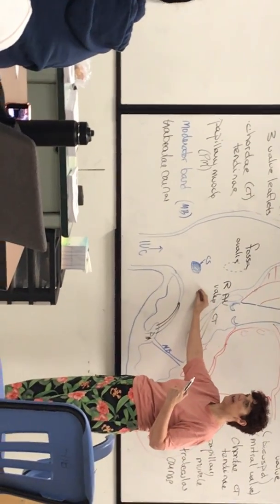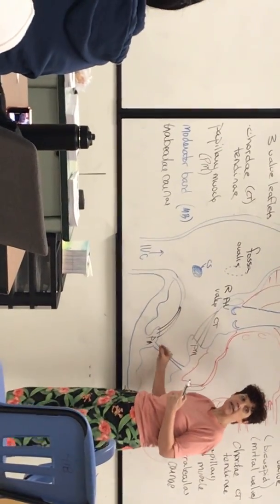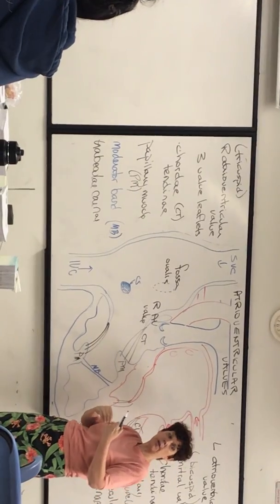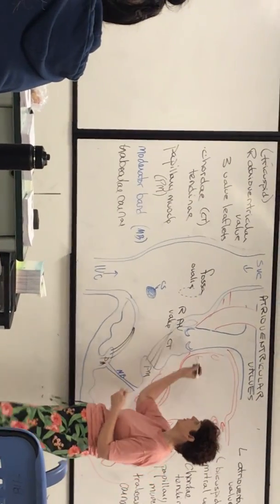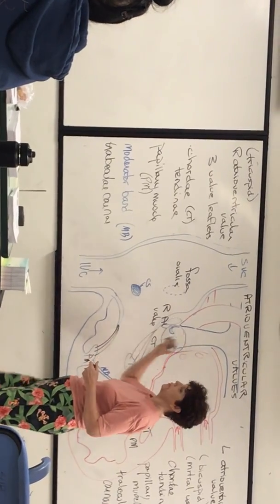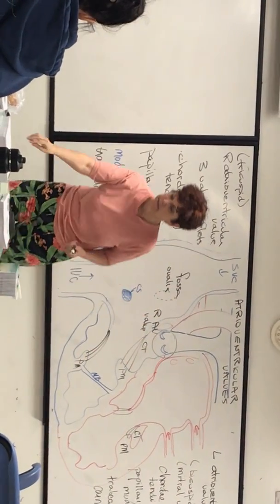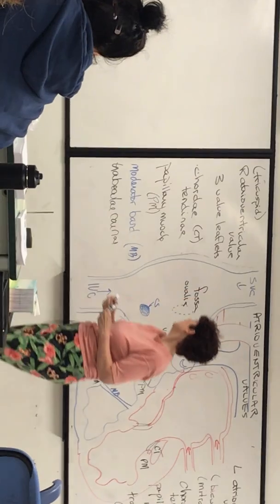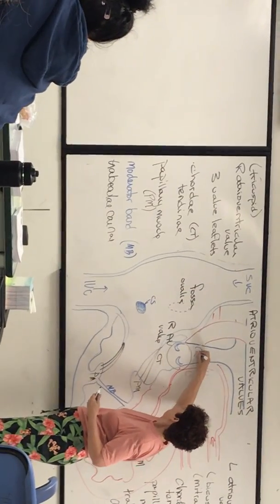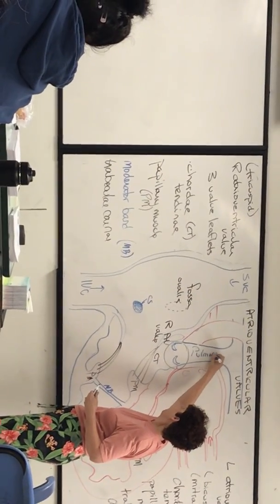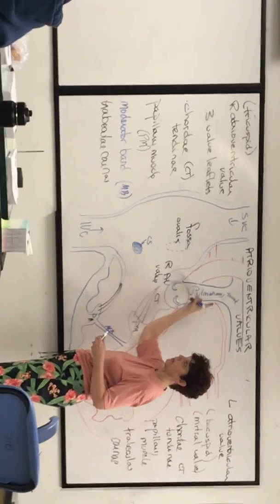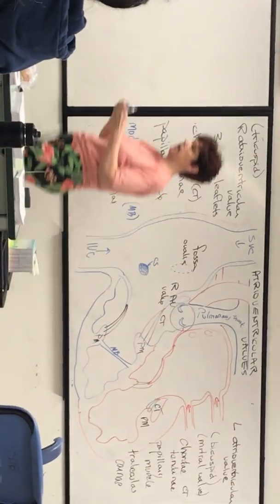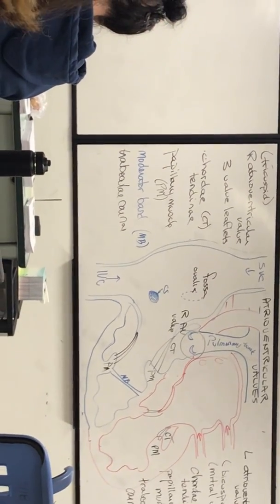So now the AV valves are closed. As it continues to contract, the muscles are shortening, pressure goes up, and it pushes open this set of valves right here. So between the right ventricle and the pulmonary trunk, we have a set of valves known as the semilunar valve. So it's going to pass through the pulmonary semilunar valves.